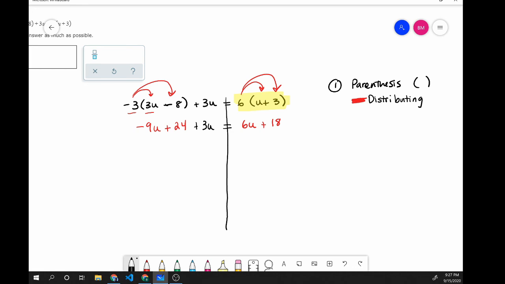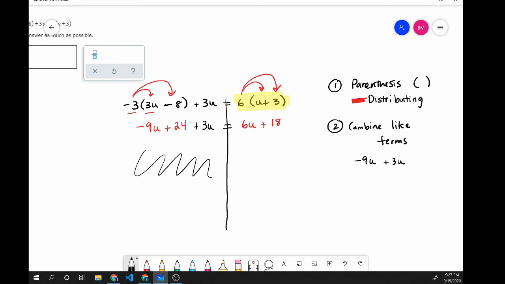All right, our next step is to combine like terms. So like terms are anything with variables or just plain numbers. So in this case, my negative 9u and my positive 3u are both on the same side, which is very important. So they're both, again, over on the left-hand side here. So there's my two terms.